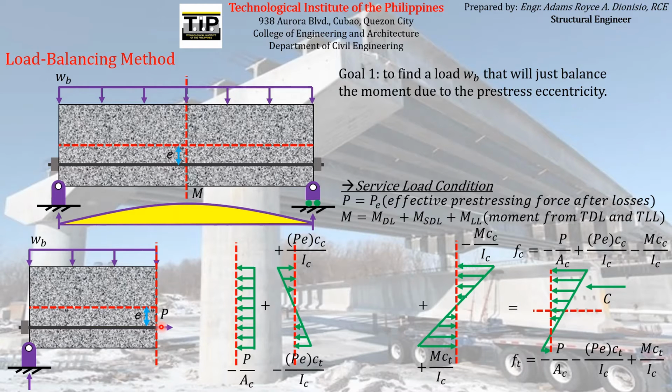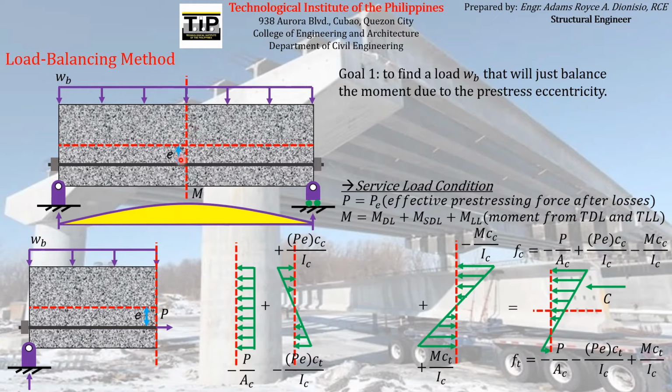And we know that the magnitude of that eccentric moment produced by the pre-stress force at an eccentricity from the neutral axis or from the centroid will have a magnitude of P times E. So the pre-stressing force times the eccentricity.